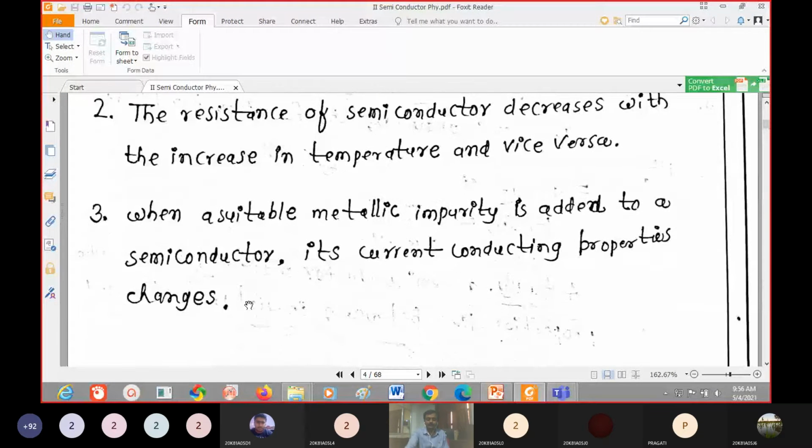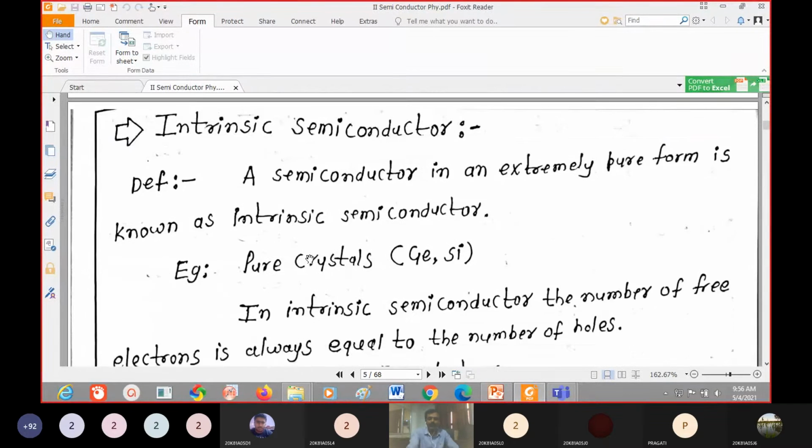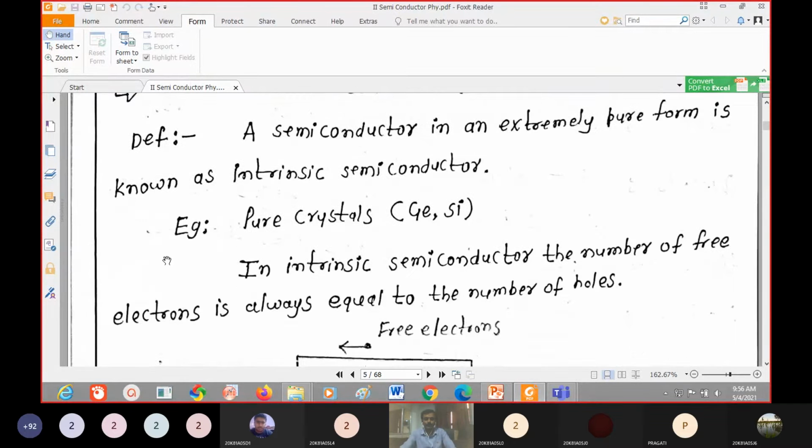Now let us briefly discuss semiconductors again. Examples of pure semiconductors are germanium and silicon. A semiconductor in extremely pure form is known as an intrinsic semiconductor.